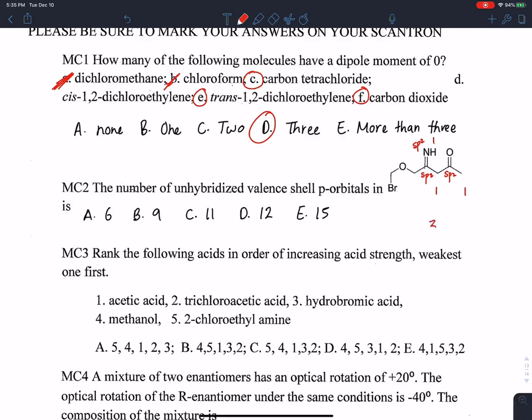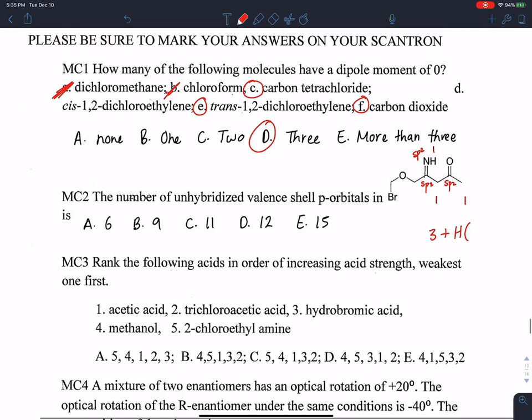That's 3 total right now, plus any of the hydrogens, and the hydrogens end up being 1, 2, 3, 4, 5, 6, 7, 8, 9, 10. So 10. So I get 13. That's not one of the answers. Okay. 1, 2, 3, 4, 5, 6, 7, 8, 9, 10.